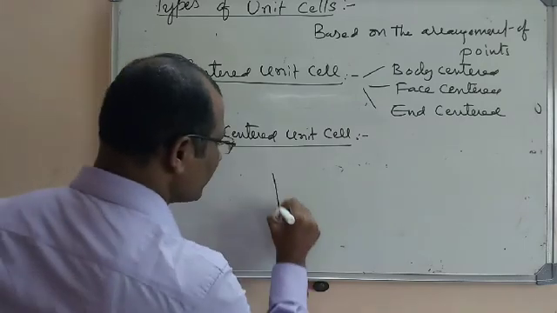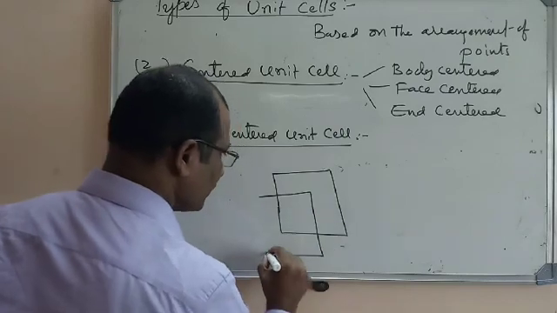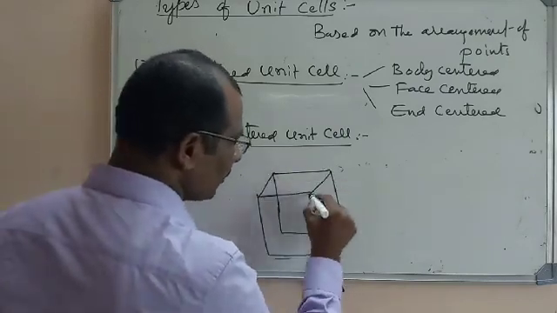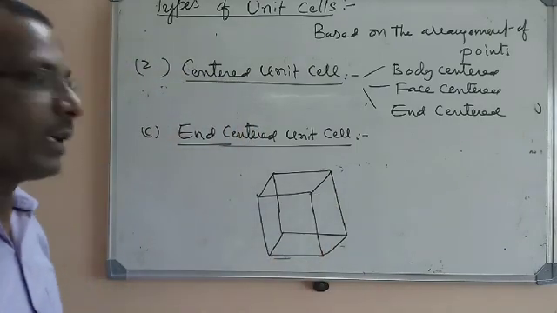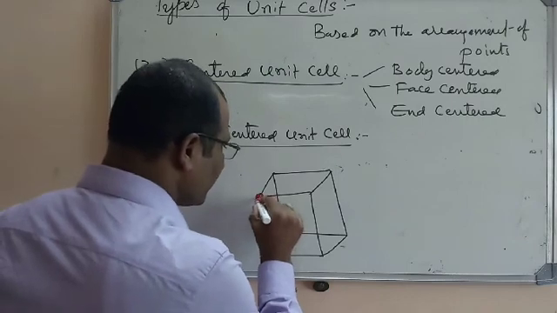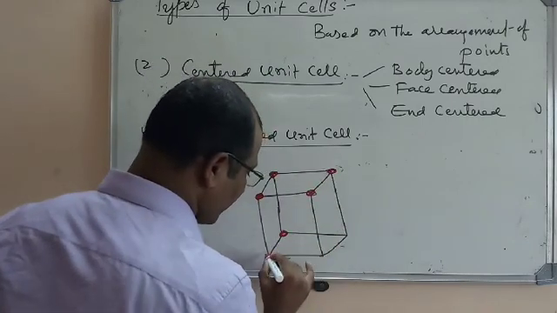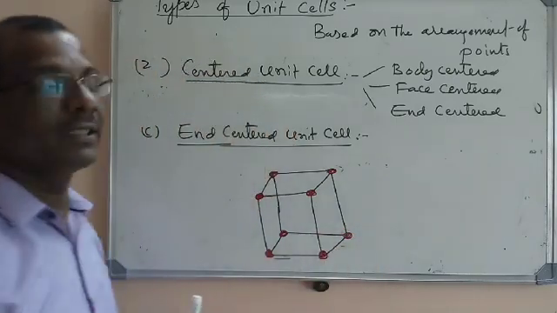Now here also I told you, primitive arrangement is common for all the unit cells. So here, firstly we'll have a primitive arrangement. For any arrangement, first we have to write the primitive. So here 8 points are occupying the 8 corners of the unit cell.